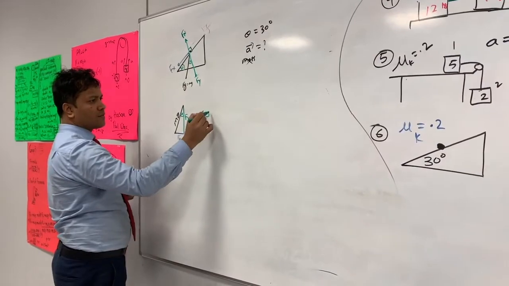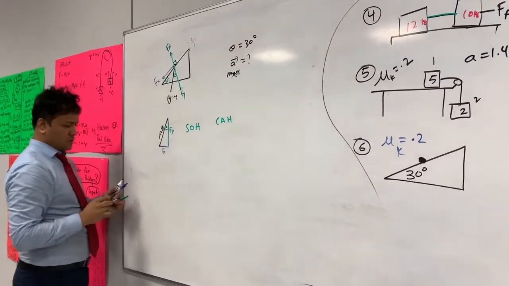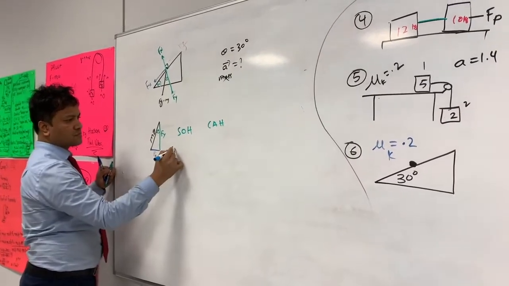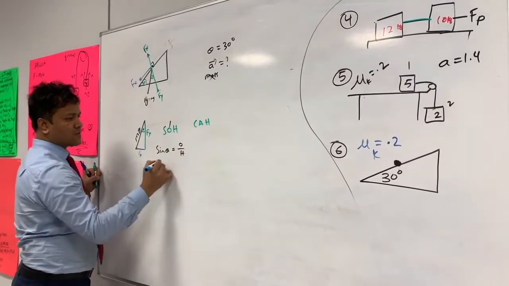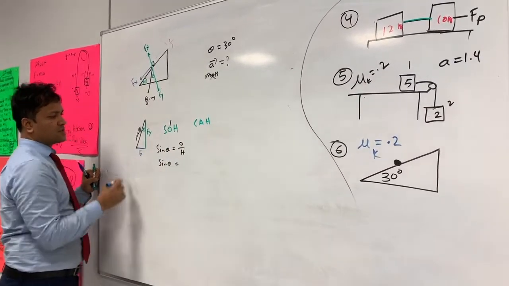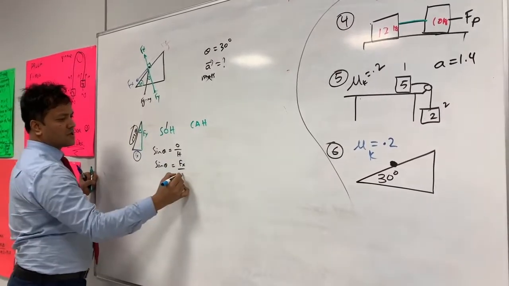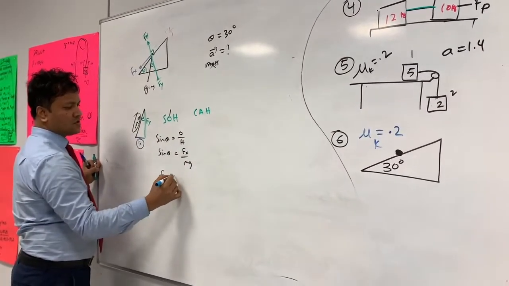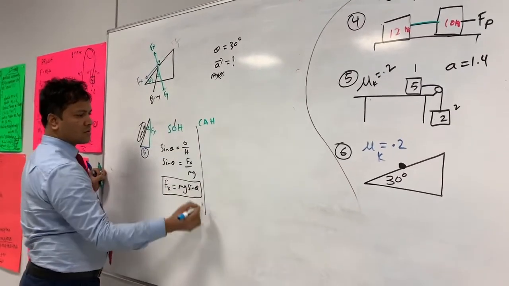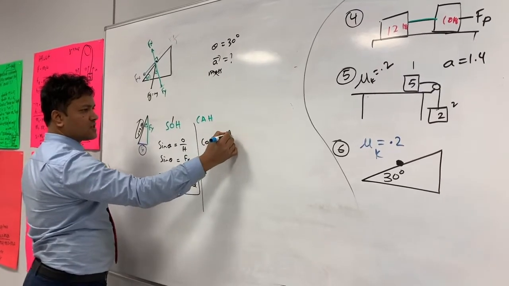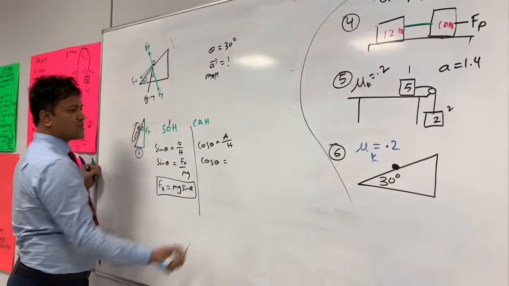Sine theta is opposite over hypotenuse. What is opposite? Fx. What is hypotenuse? mg. So Fx is equal to mg sine theta. Cosine theta is adjacent over hypotenuse. What is adjacent?